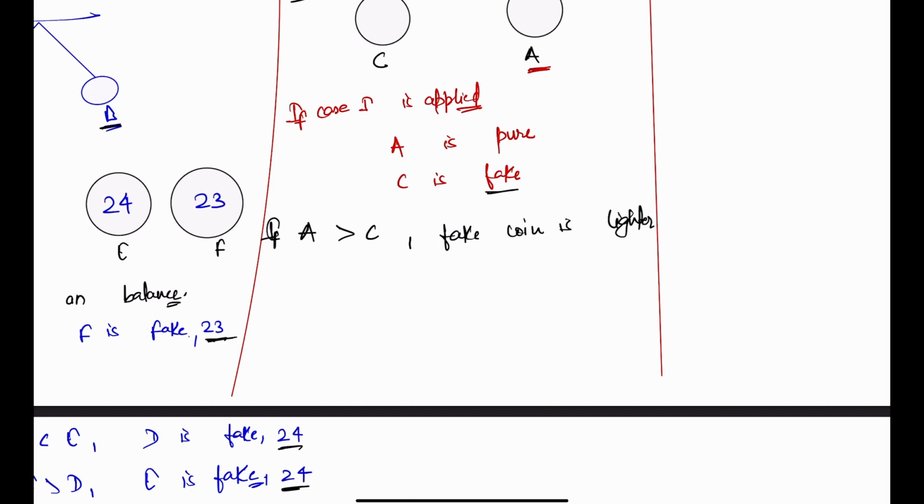So see how we actually understood. If A is less than C, then we can say that the fake coin is heavier. But we have only understood this for case 1.